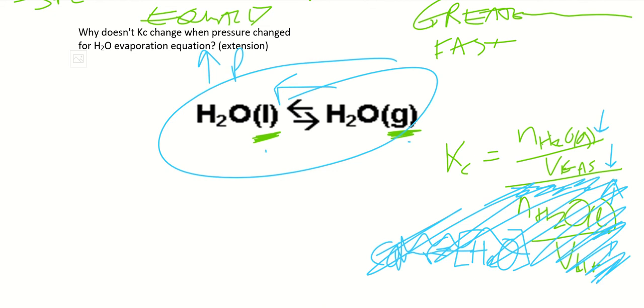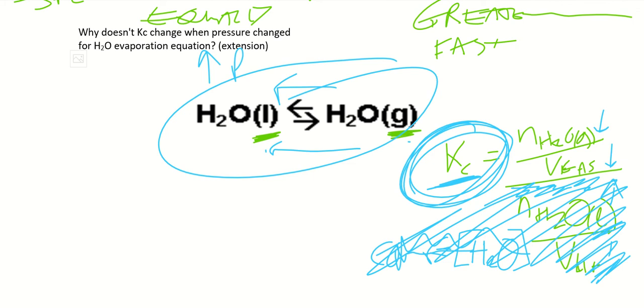And actually, Kc is kept constant because when the water molecules condense, the number of water molecules that condense balances out the fact that you've got a smaller volume. So Kc is still actually a useful equilibrium constant here, because it can tell you how those two things affect each other.